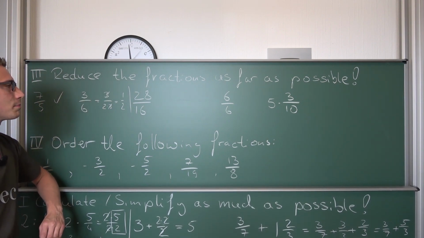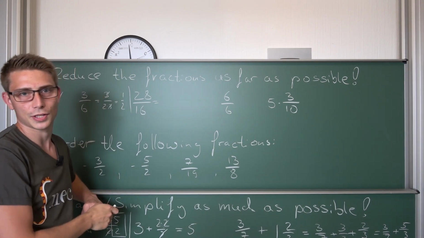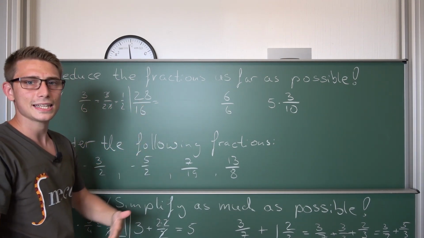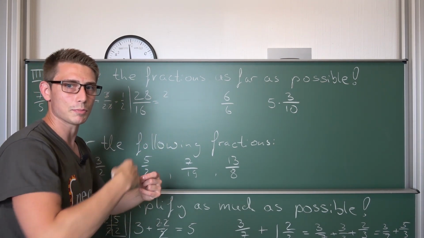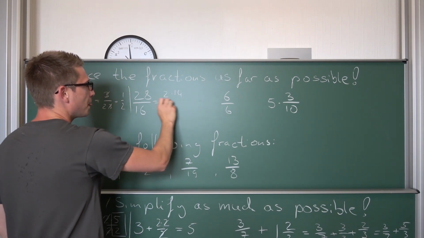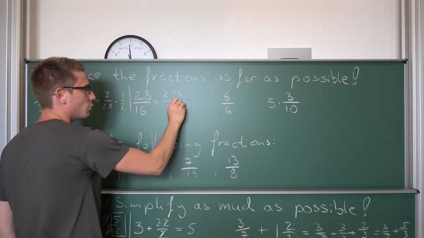And that's basically it. 28/16, that's a bit more tricky. We need to take a look at the prime factorization yet again. Now, both are even numbers, meaning they are divisible by 2. So we need to ask ourselves the question, what times 2 is going to give us 28, for example? Well, that's obviously 14. Same should be down here. What times 2 is going to give us 16? Well, 2 times 8, obviously.